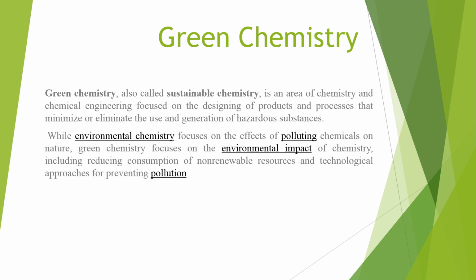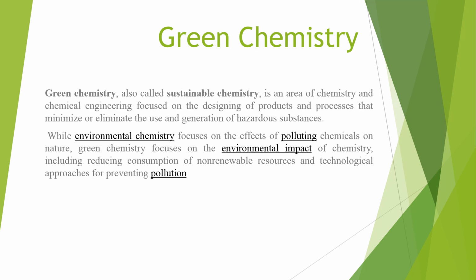What is sustainable chemistry? If we keep using air, water, and land, a time comes when the consumption of air, water, and land becomes very high and keeps increasing. So we have to save air, water, and land, because of our offspring.